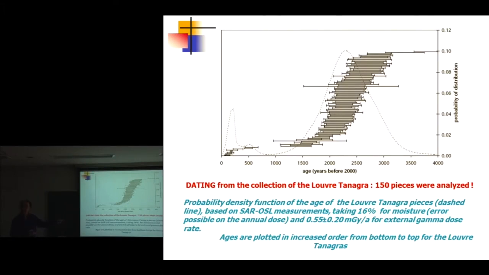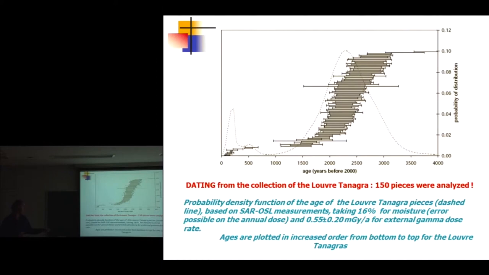So it was famous to make some Tanagra from 1,500 years ago till 3,000 years ago. I mean, during more than 10 centuries, they were making Tanagra year after year and different Tanagra. So this is 150 pieces analyzed by thermoluminescence, for instance.